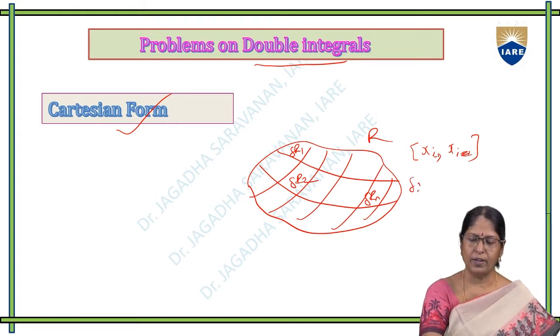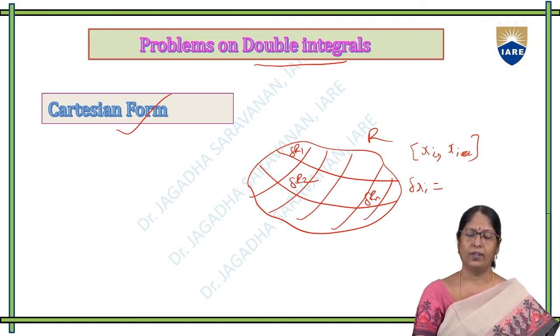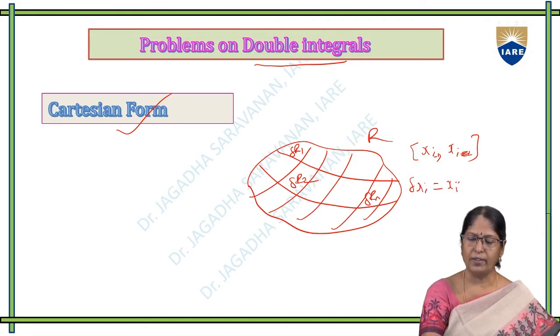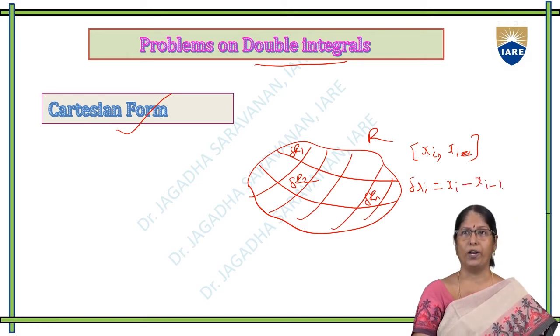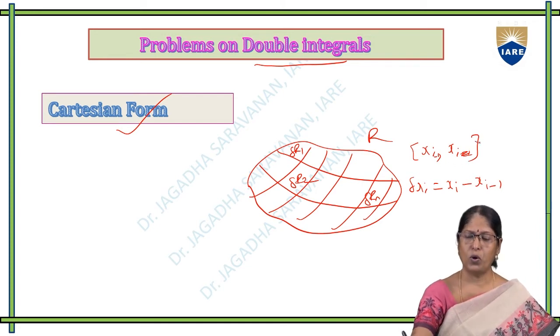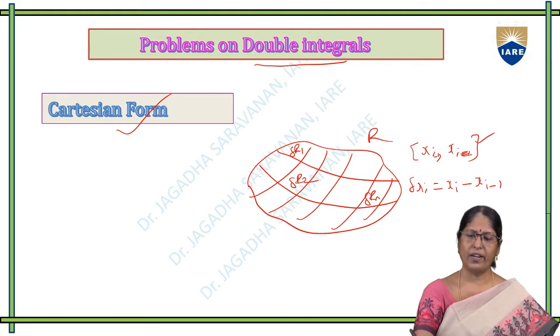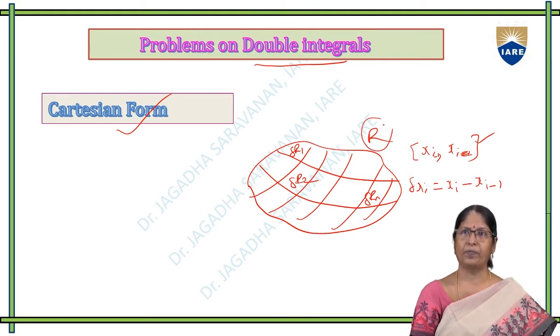If it is del xi, how is it defined? It is defined as xi minus xi minus 1. From xi minus 1 to xi, in this closed interval, all the points are connected to this region.